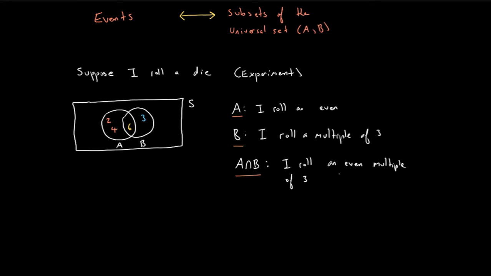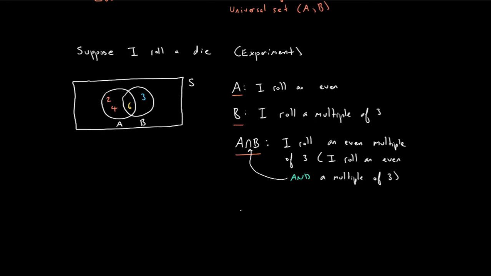Now I think you understand that I could really be more verbose, and I could say I roll an even and a multiple of 3. But that's just to drive home the connection between the intersection and the word and.